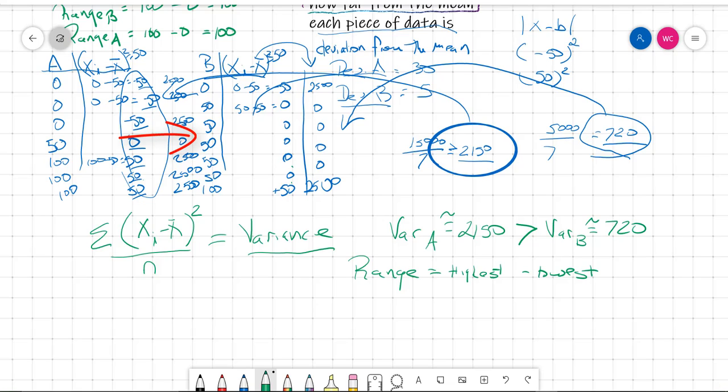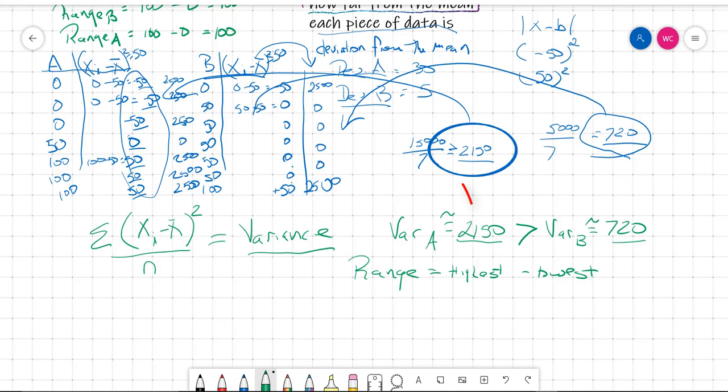So the range doesn't tell us that they're spread out differently, but this new thing, the variance, does. The variance of A is greater than the variance of B, or A has more variation in it than B does.